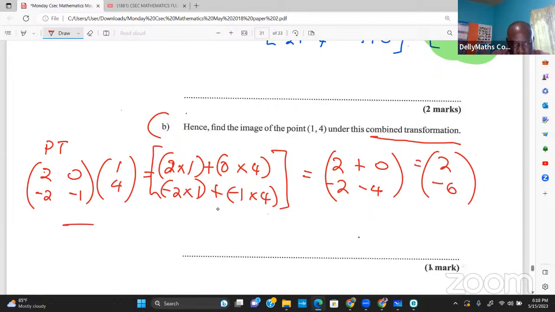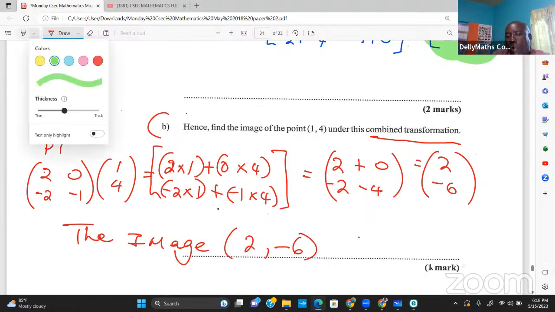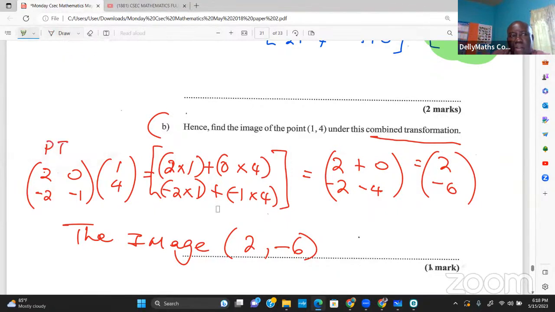So the image, making sure we represent it properly, would be 2, -6, because we are putting it back in coordinate form. Have to be very careful there, right? Coordinate form. We don't want to leave it in vector form. This is not a coordinate.